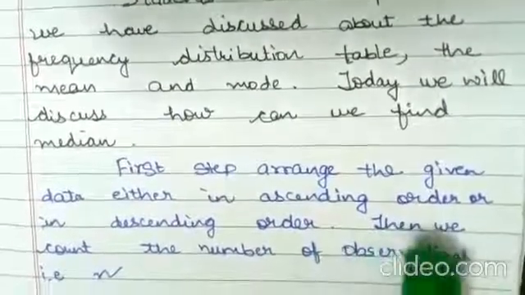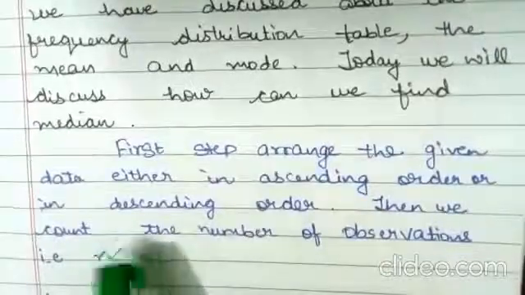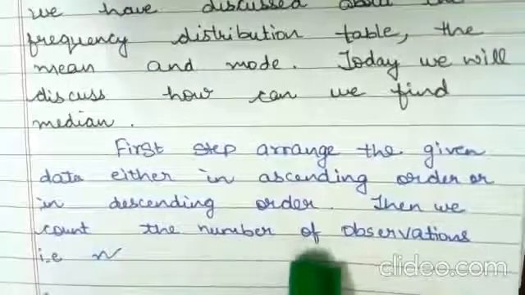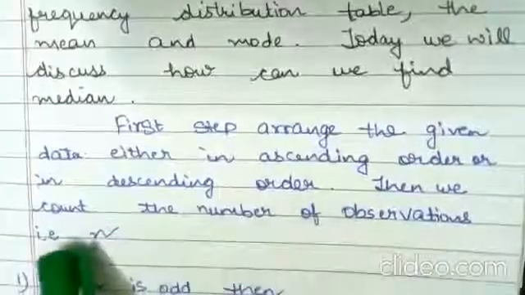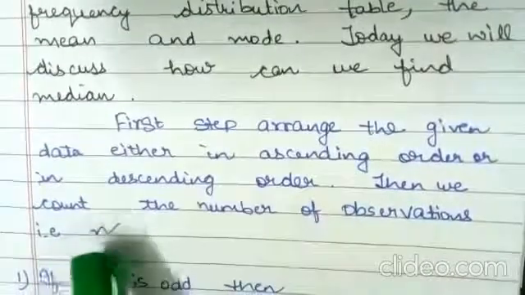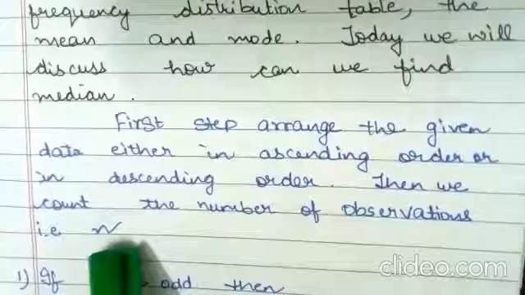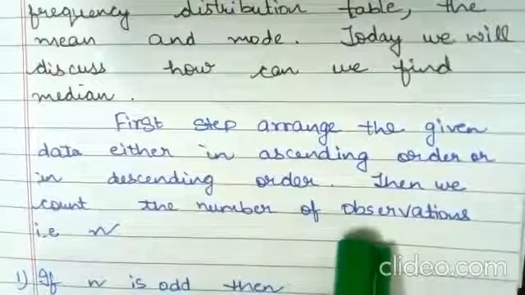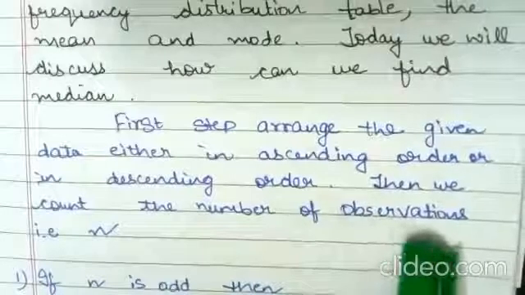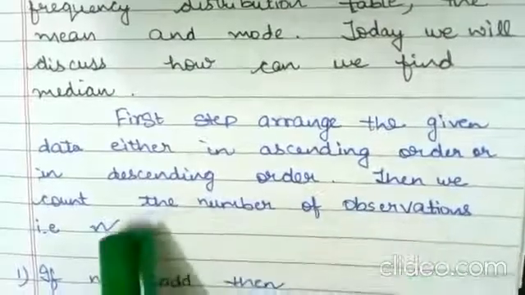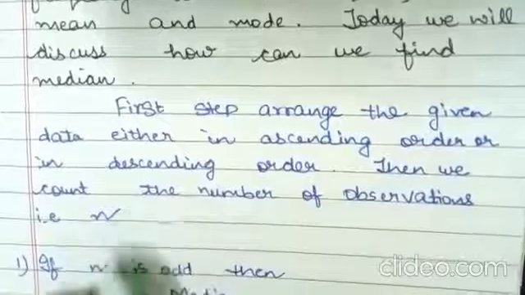Then we count the number of observations, that is n. In finding the median, we denote the number of observations by small n.